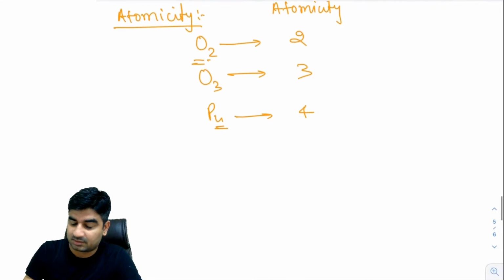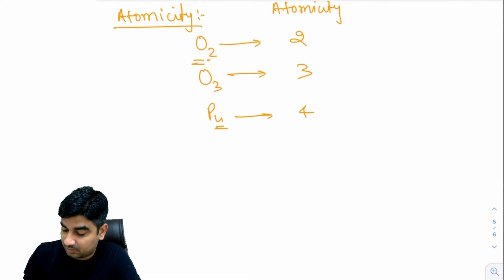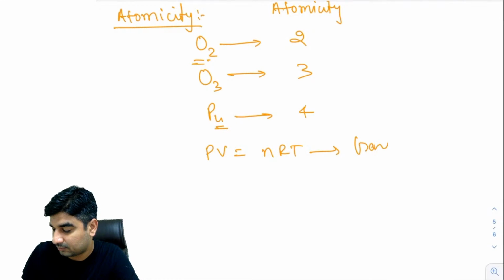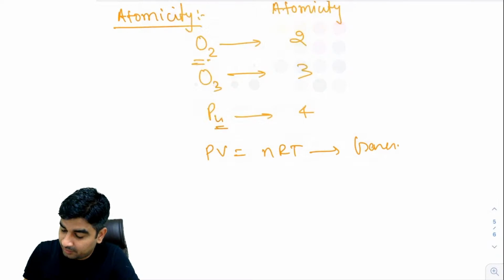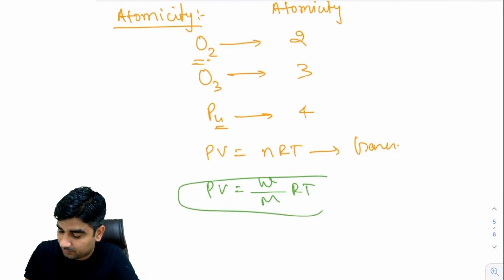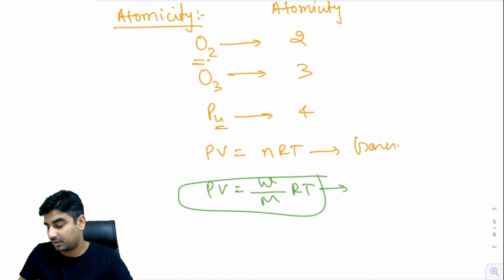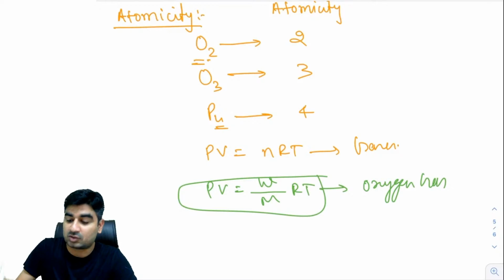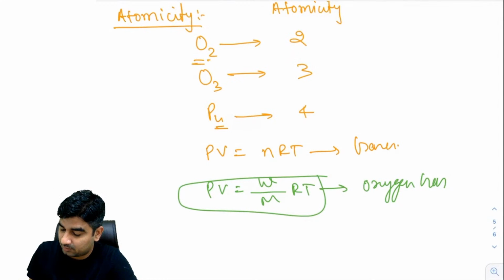Why am I asking it? Because this particular expression is applied for gases. And here if I write W by M RT, now I'm saying it is for oxygen gas. Then what should be the value of molar mass here?